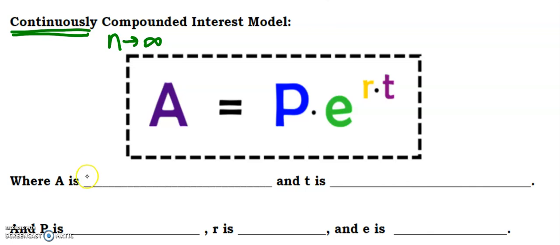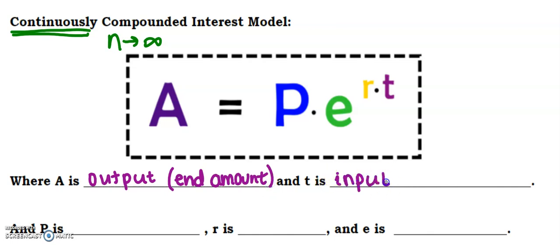A then is going to be the output, or the end amount. t is the input that relates something to time. P is going to be the principal again, so the amount that we have at the beginning.